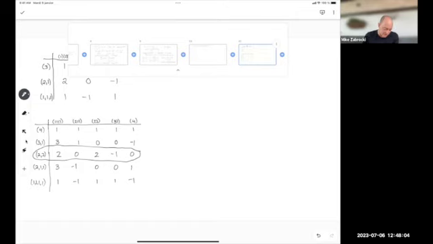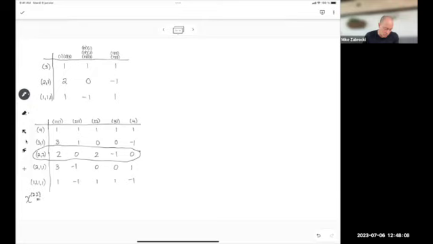So the character of S22 tensor S22 is equal to 4, 0, 4, 1, 0. And then she wrote this character as the sum of this one plus this one plus this one.